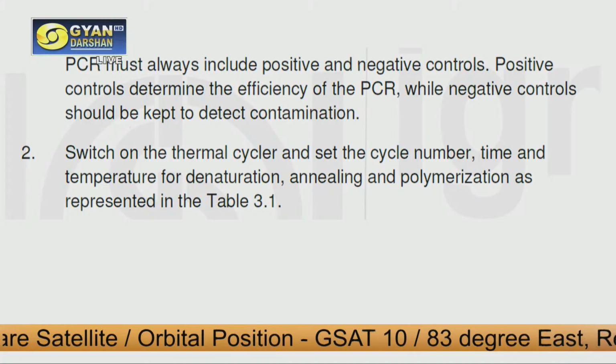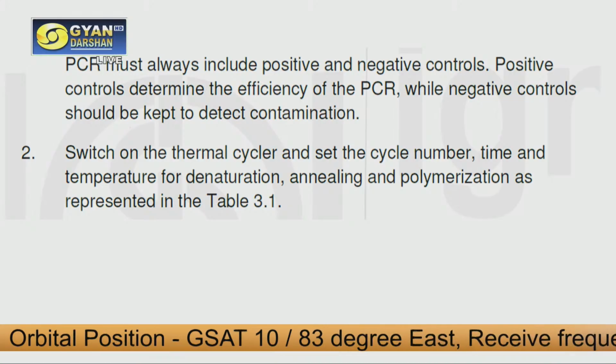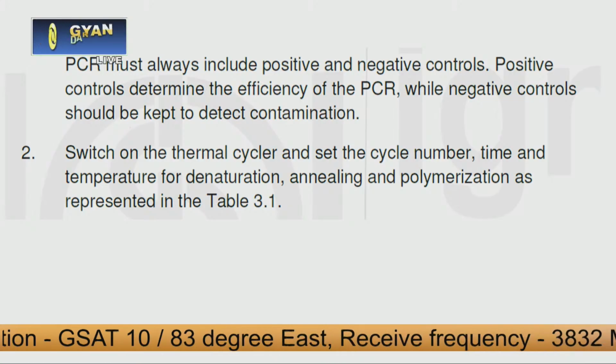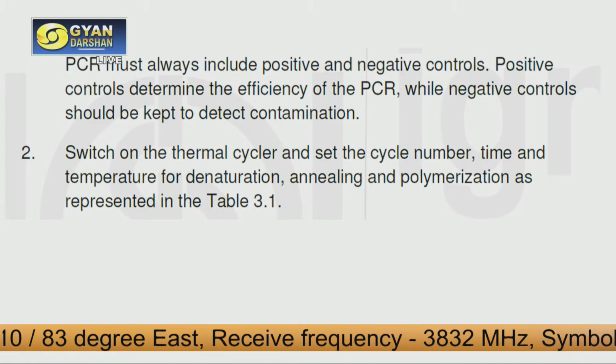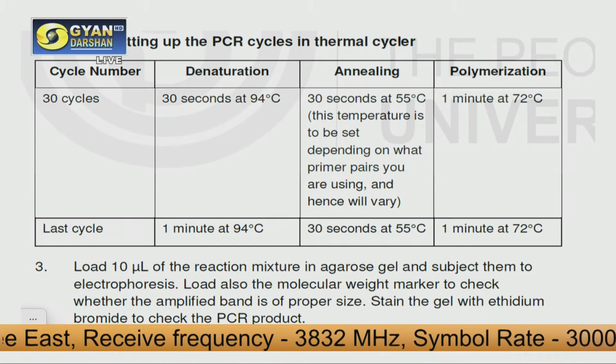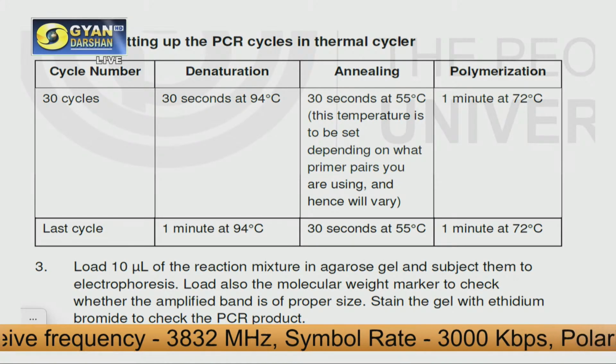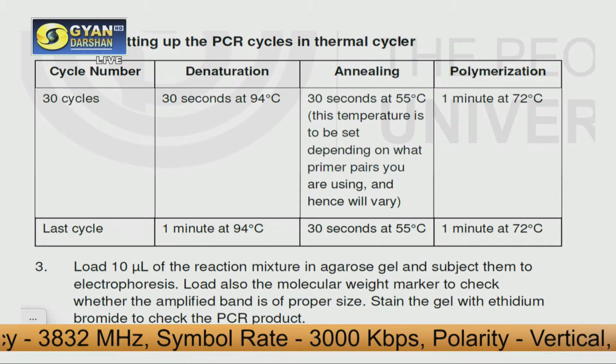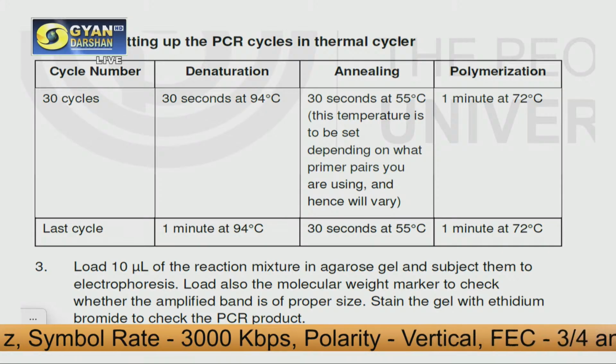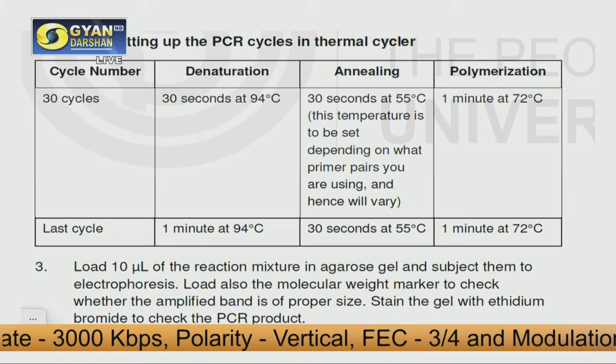So for this PCR, you need a particular machine that is called thermal cycler. And whatever we have discussed, that the setting up of the PCR cycle, as you can see, you have to program the machine. You have to program the thermal cycler.